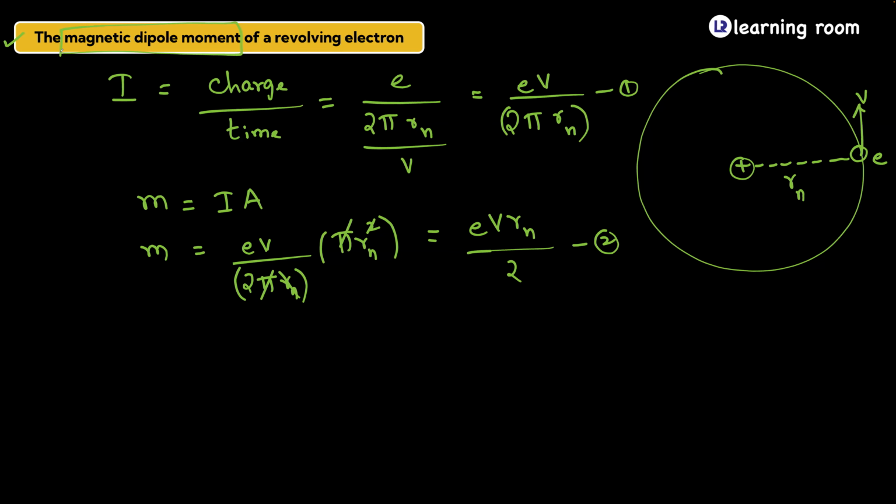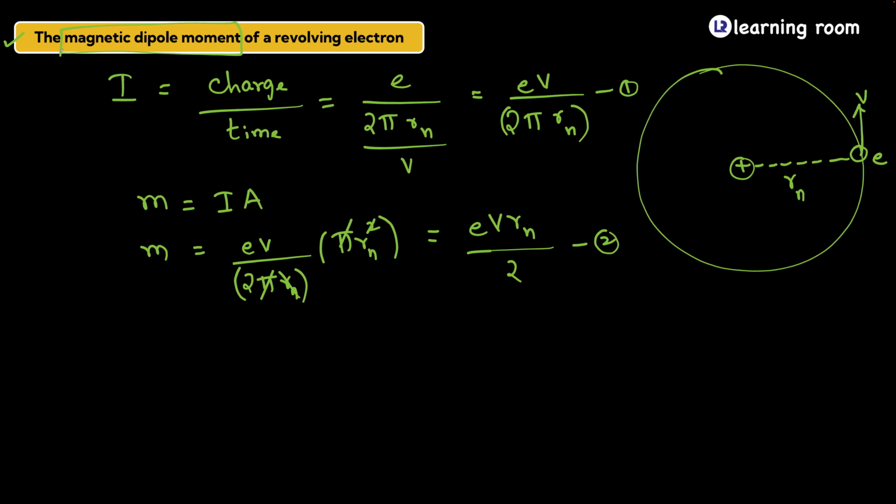Okay. Now I want to stress on one more point. Listen to this carefully. We could have left the answer like this. I could have told that this is the value of magnetic dipole moment that is generated by this electron. But when it comes to practical purpose, if I ask you to calculate the value of this magnetic dipole moment inside the atom and tell me, you can never do that. Reason being, you know what is the charge of the electron?